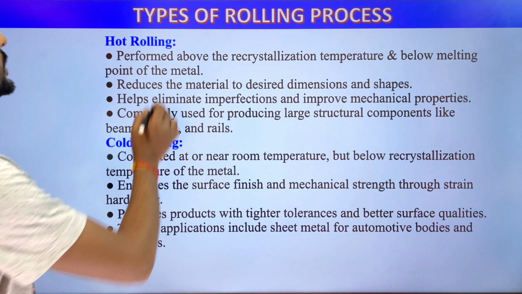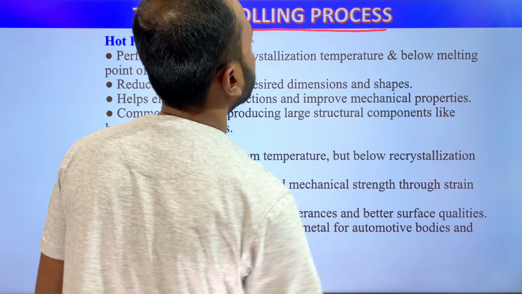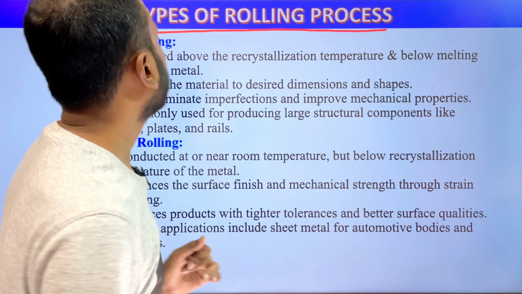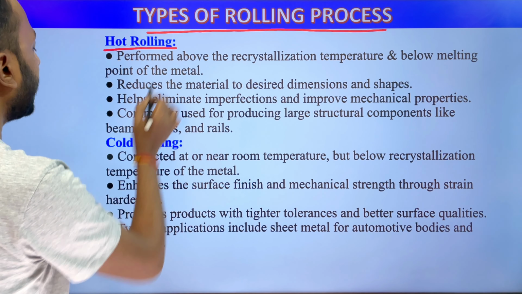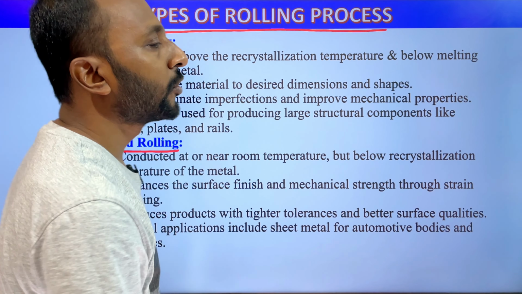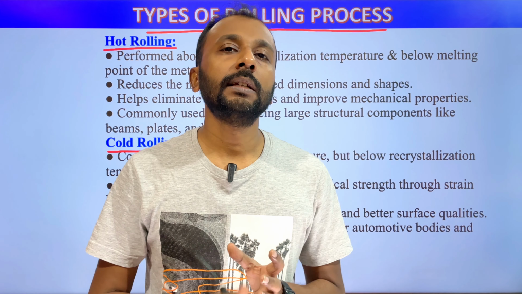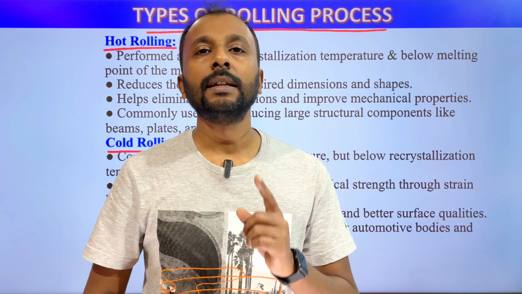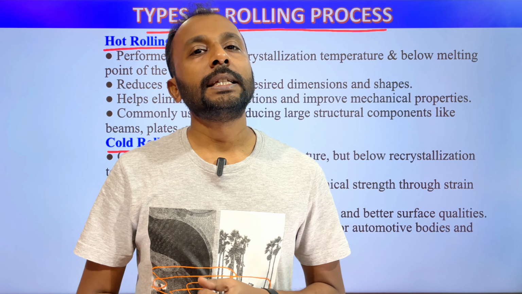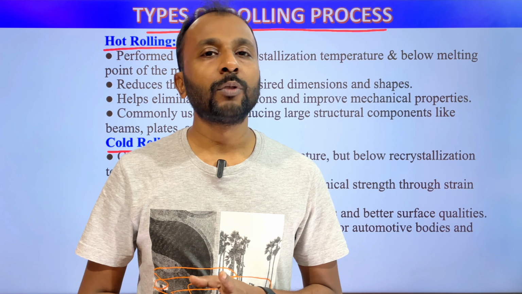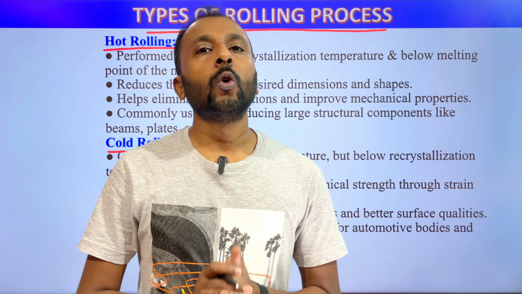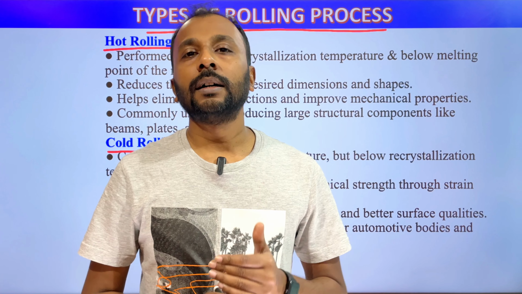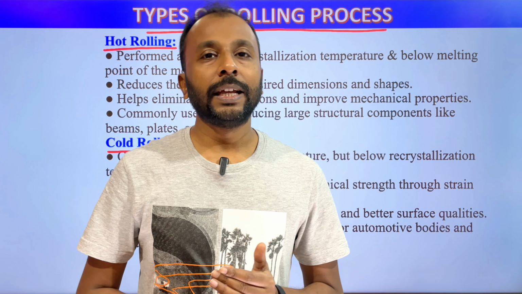Next we will discuss types of rolling processes. There are two types of rolling process. One is hot rolling and the second is cold rolling. Hot rolling is like hot working and cold rolling is like cold working. Hot rolling must be done above the recrystallization temperature and below the melting point of that metal, and cold rolling must be done at room temperature or below the recrystallization temperature of that metal.